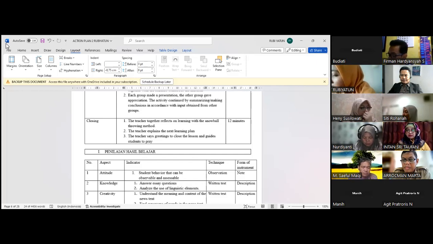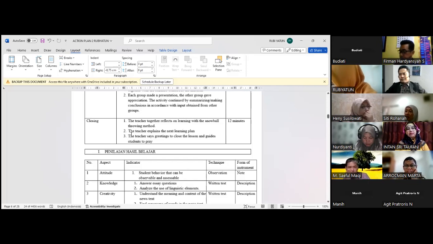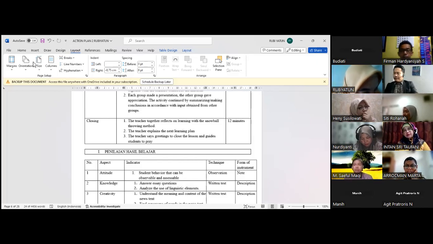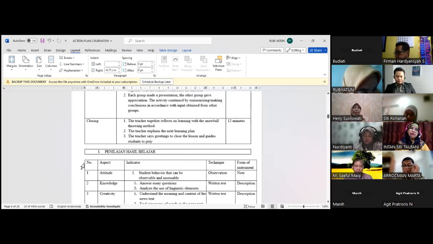My suggestion is to make it more interesting. For the reading text, you could give students a text related to their life, like news about Telegram or something happening on TikTok, something happening at the moment.